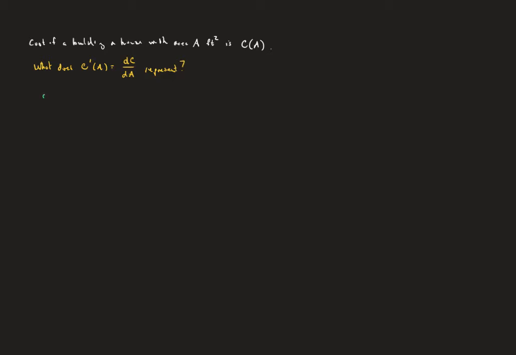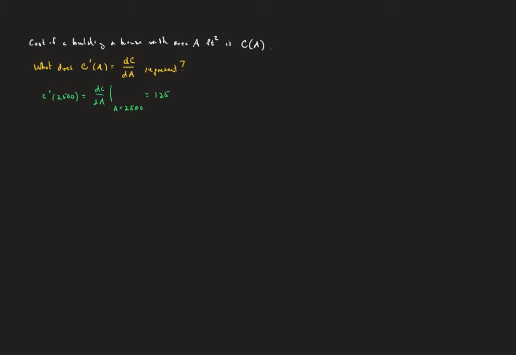Suppose we say C prime of 2500, which can also be written as dC dA evaluated at A equals 2500, is equal to, we'll say, 125. What does that mean in the context of that problem?